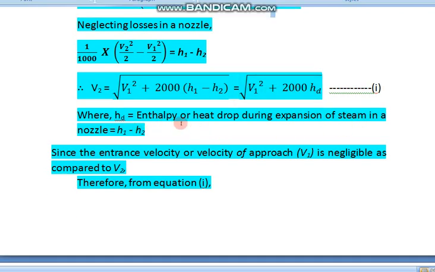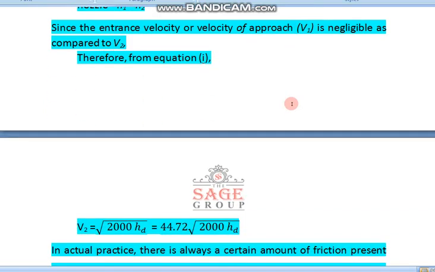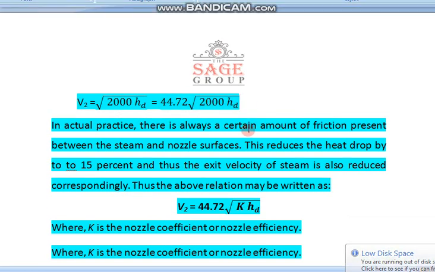Here HD is the enthalpy or total heat drop during expansion of steam in a nozzle, which is equal to H1 minus H2. Since the entrance velocity, or velocity of approach, is negligible as compared to V2, from equation 1 we can neglect V1. So it gives V2 equal to the square root of 2000 HD, which is equal to 44.72 square root of HD.